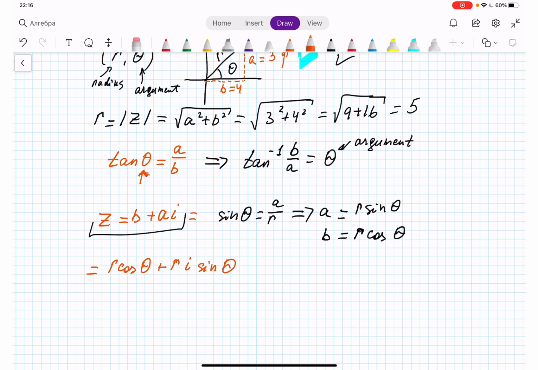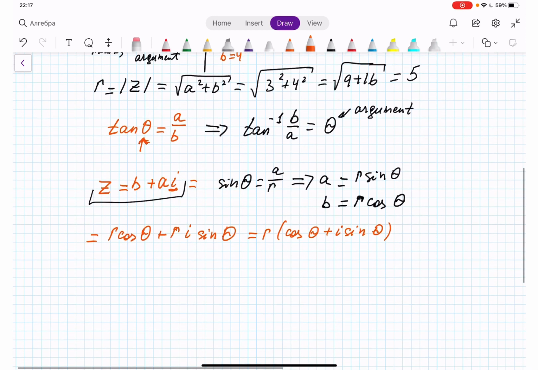Where does this i come from? Here we have this i, right? z is equal to b plus ai, a is equal to r sine theta, and i we have it there. So I'm taking this r out, and in parentheses I'm getting cosine theta plus i sine theta. This is our polar form of the complex number z.